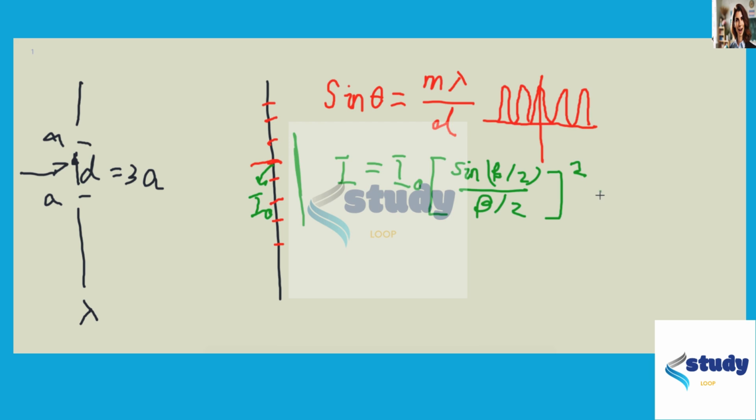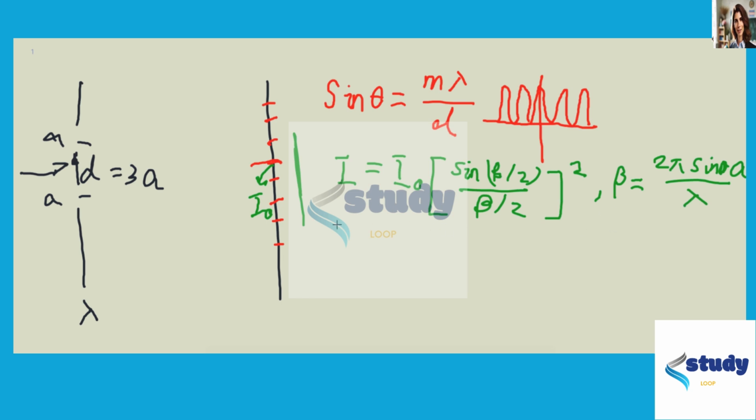And we also have beta equals 2 pi sine theta times A over lambda here.